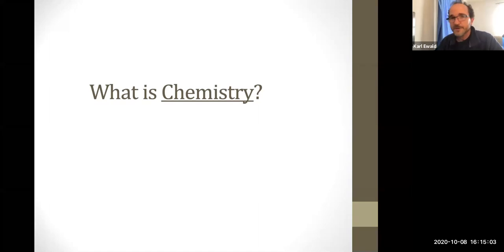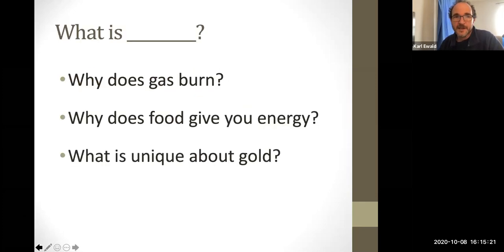So with chemistry and material science, we have to figure out how to use indirect means, like changing the environment, to get the atoms to do what we want of them. And going back to these questions from before, gas burns because it is storing energy.